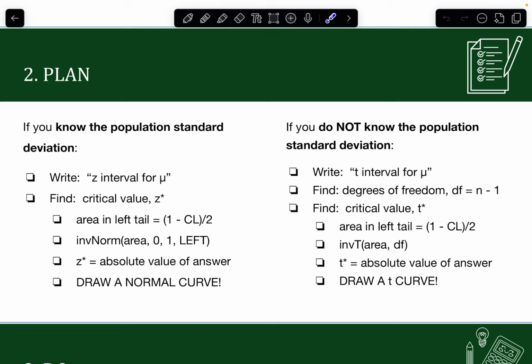Just like inverse norm, you want the absolute value of that answer because it's going to spit out a negative. And you should draw a t-curve, which looks exactly like a normal curve, nice, pretty bell-shaped. Confidence level in the middle, negative t, positive t, CL sitting here. And we'll do a couple examples so you can see what that looks like.